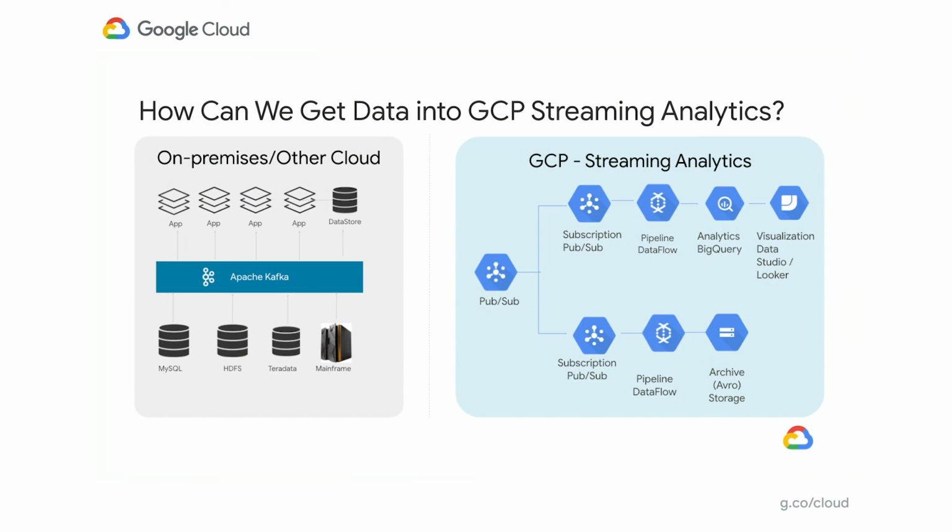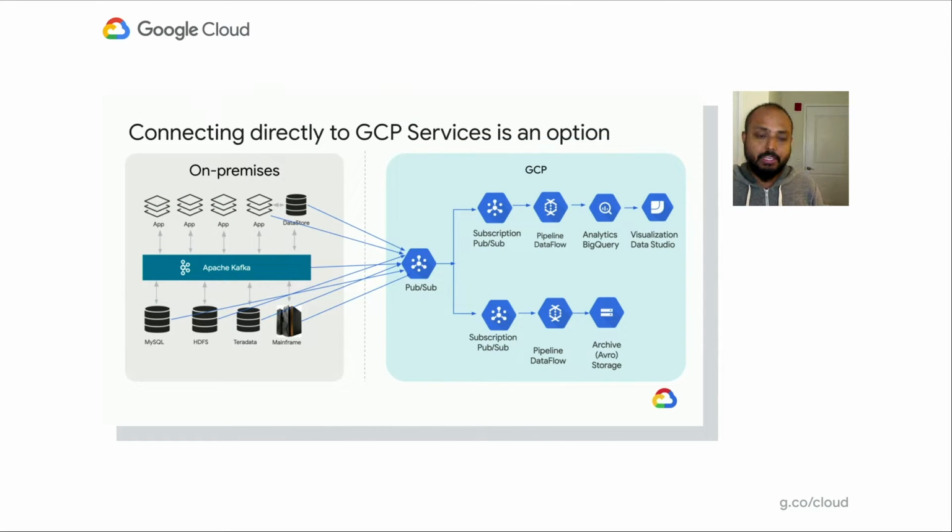The way customers typically do it today is Pub/Sub has an SDK, and Pub/Sub has REST APIs. Using those, they can push the data from the different applications and the data stores and mainframes and whatnot to Pub/Sub. And then from Pub/Sub, it can start all those data pipelines.